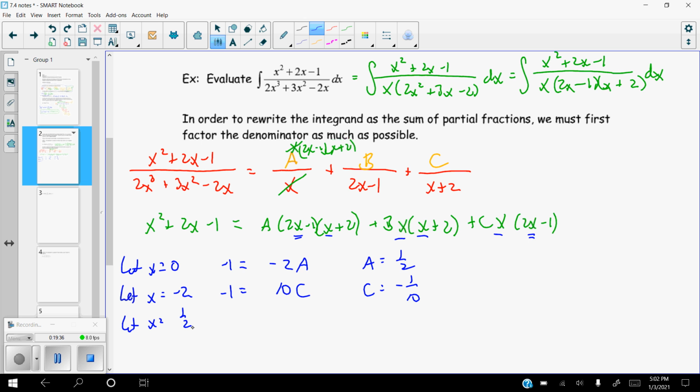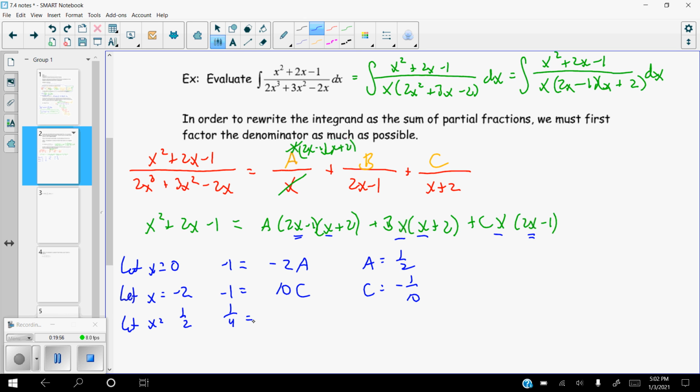So let's let x equal +1/2. On the left-hand side, we're going to get 1/2 squared, which is 1/4, plus 1/2 minus 1, so that's still going to be -1/4. And then on the right-hand side, I have to plug that into the b section because the a and the c parts are going to go to 0.